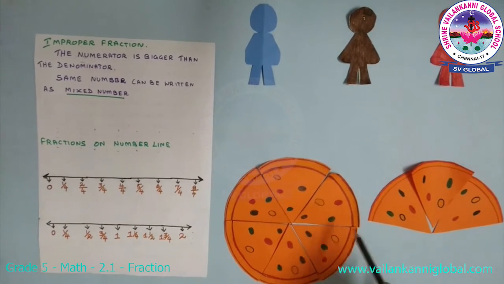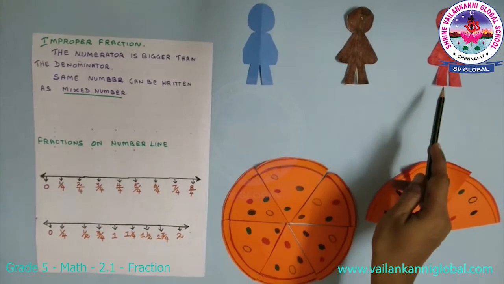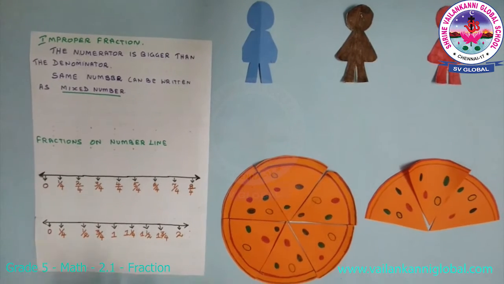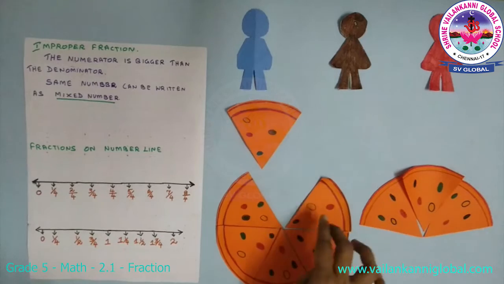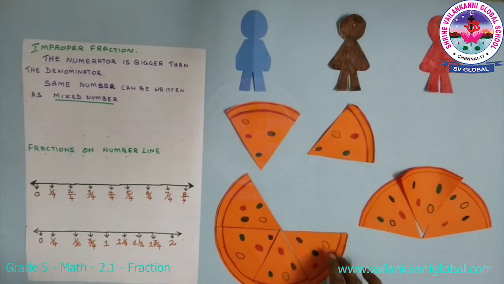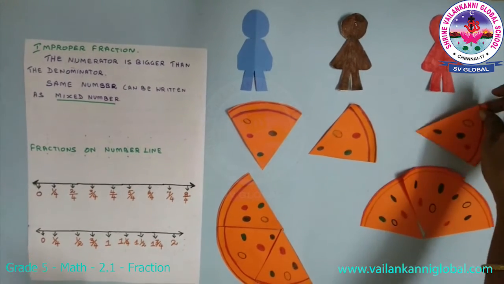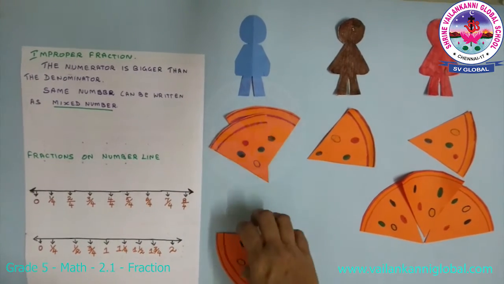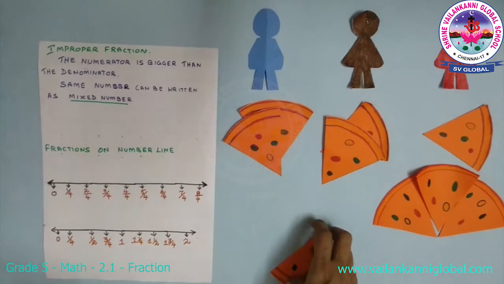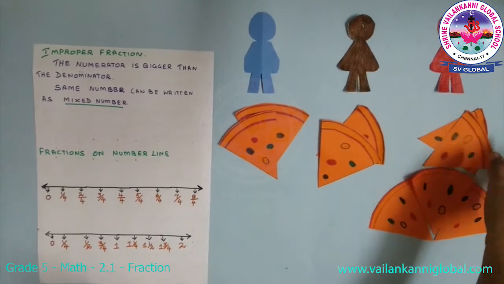We are going to divide this among these 3 persons. Here the first person is getting 1 as well as 1, so we are sharing equally among all these persons.